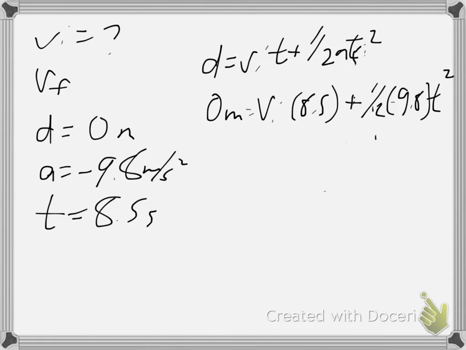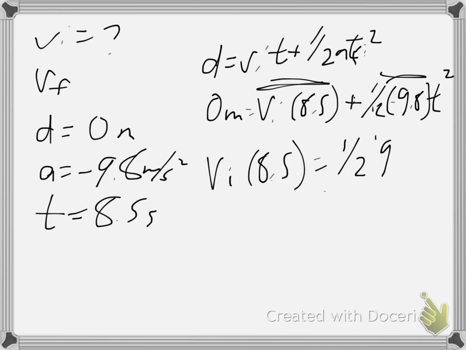I will subtract one of these two values from 0, and that will give us that our initial velocity times 8.5 is equal to 1/2 times 9.8 t squared. And we know t is, again, 8.5. So all we have to do is plug in our values in the calculator.